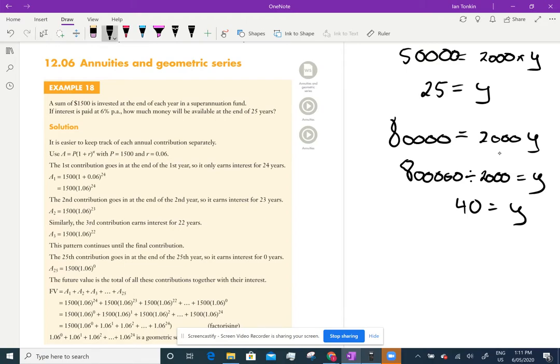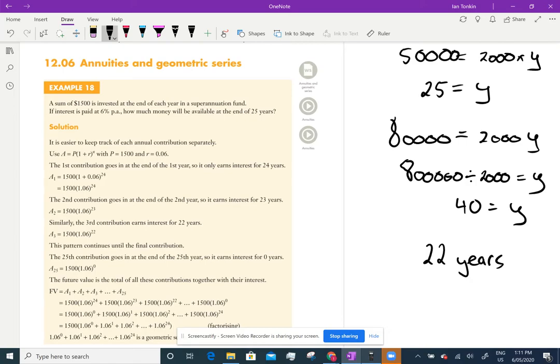So here I got 22, because if I look down the 6%, it'll be 39.9927. So I get 22 years. They only get 21.